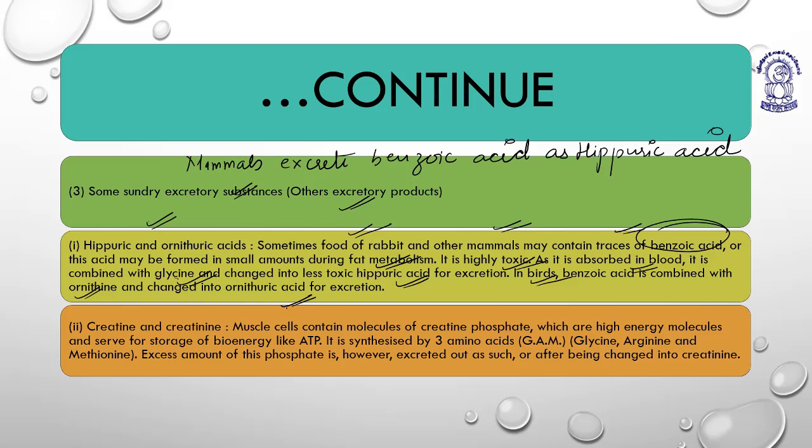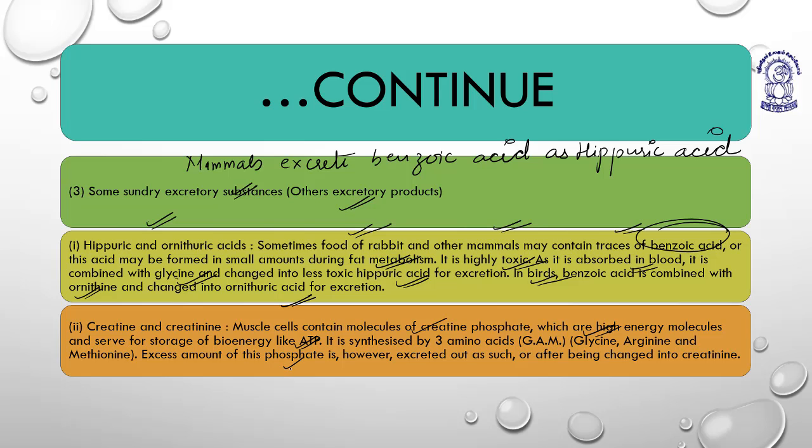Creatine and creatinine. Muscle cells contain molecules of creatine phosphate, which are high energy molecules and serve for storage of bioenergy like ATP. It is synthesized from three amino acids: glycine, arginine, and methionine.